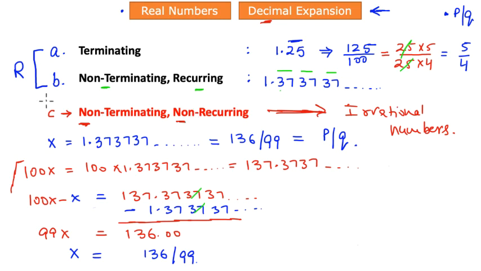Out of those three, the third one, which is non-terminating and non-recurring, is the category of numbers we define as irrational numbers. With that, we will take a pause here, and in our next tutorial, we will learn a little bit more about performing mathematical operations between rationals and irrationals.